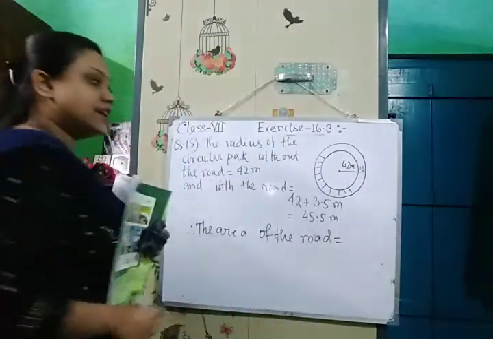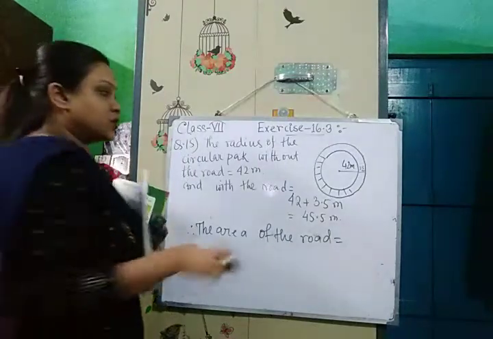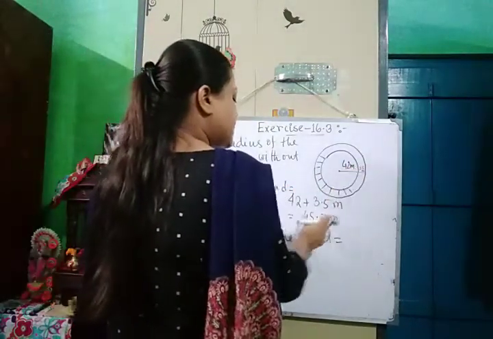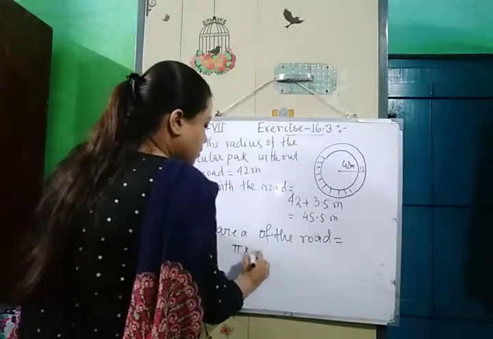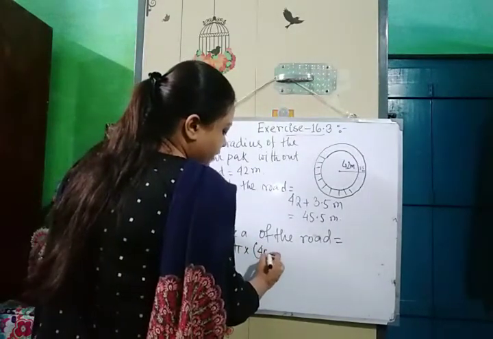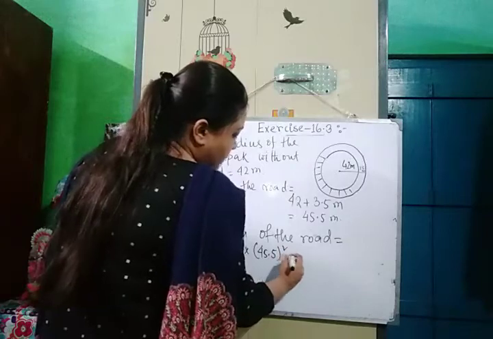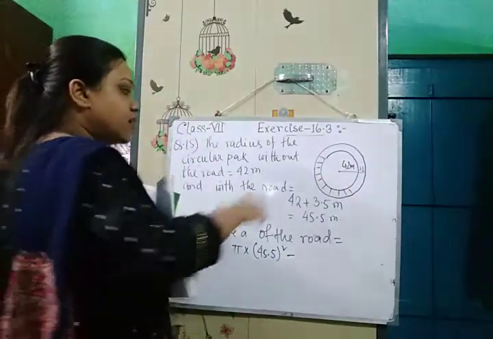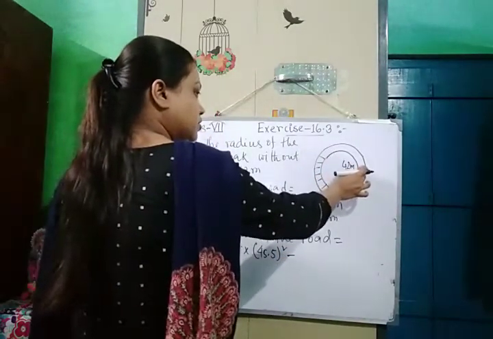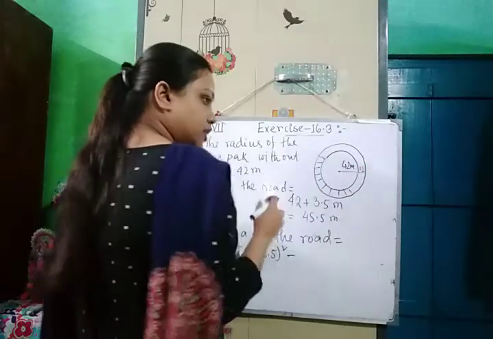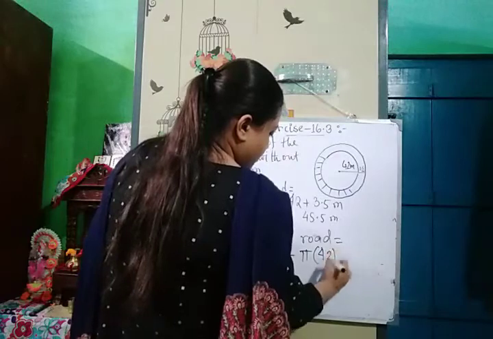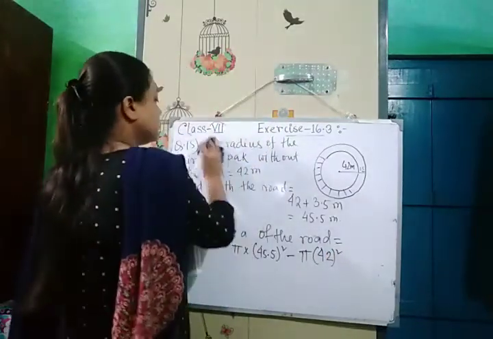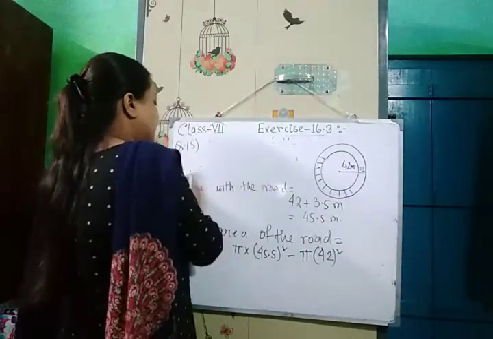See, what is the area of the circular park with the road? With the road its radius is 45.5. So pi into r square, r means 45.5 square, minus the area of the circular park without the road, which is pi into 42 square. Okay, so now we will take pi as common.